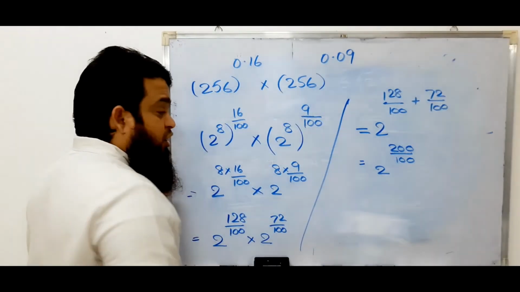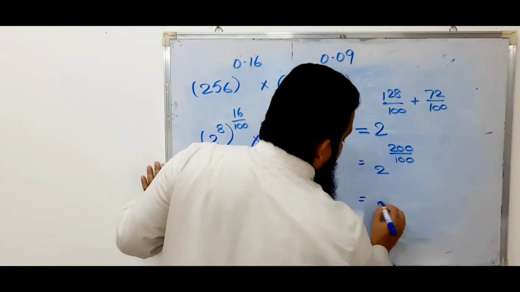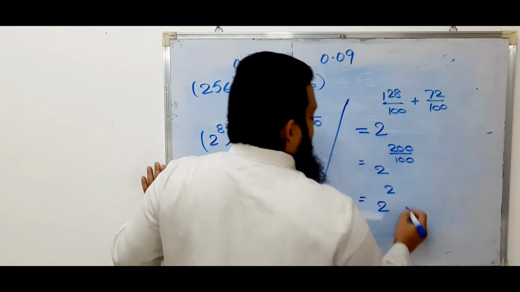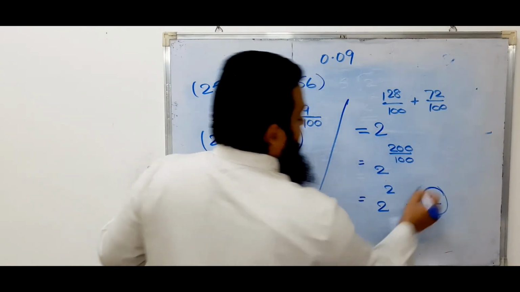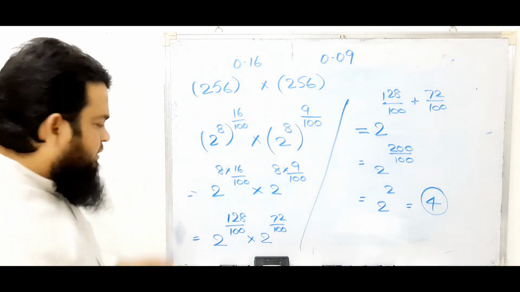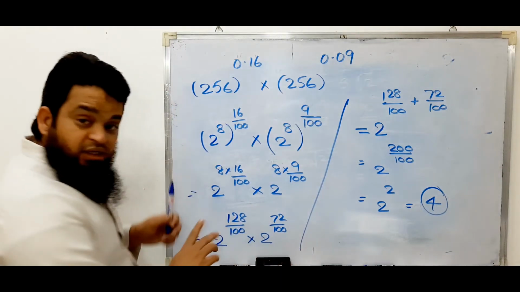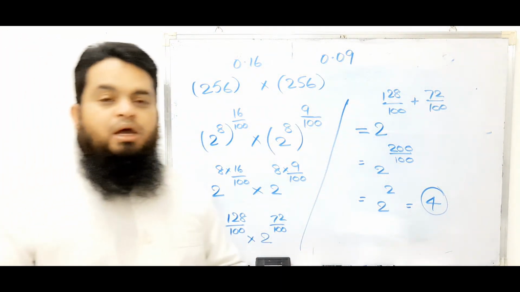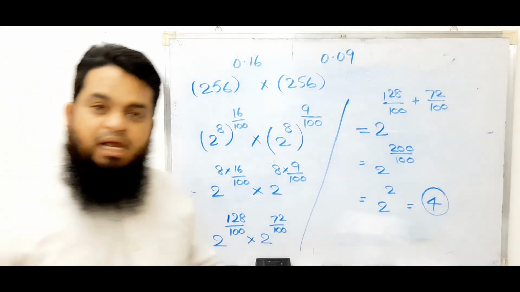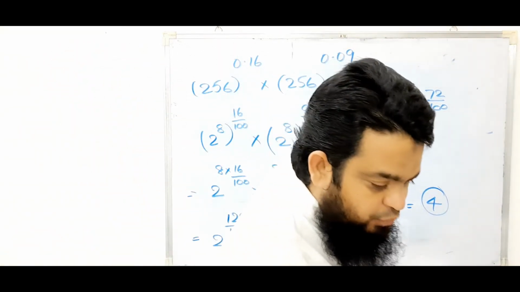So how many times does 100 go into 200? That is equal to 2 squared. So that equals 4 is the answer. Very simple, right? Is it fine? If you have any doubt, please comment so that I can know and come back to you.